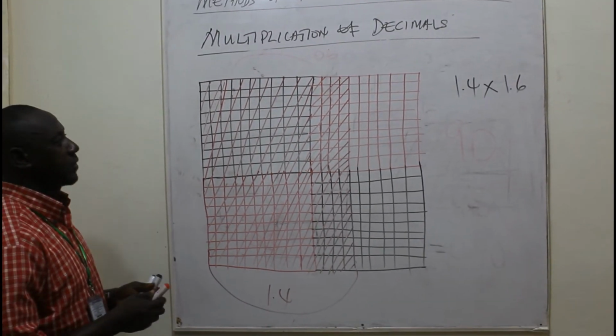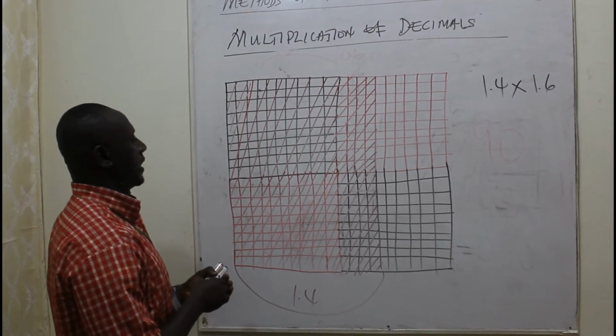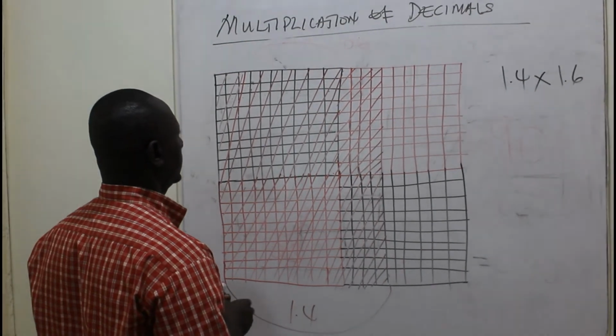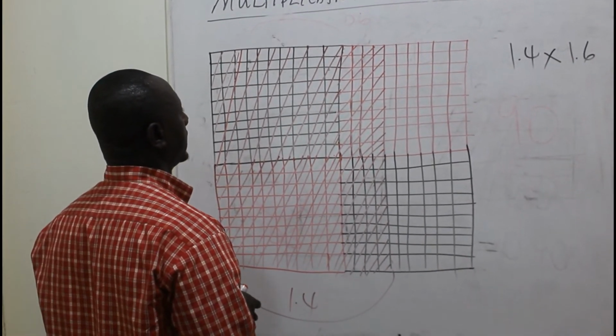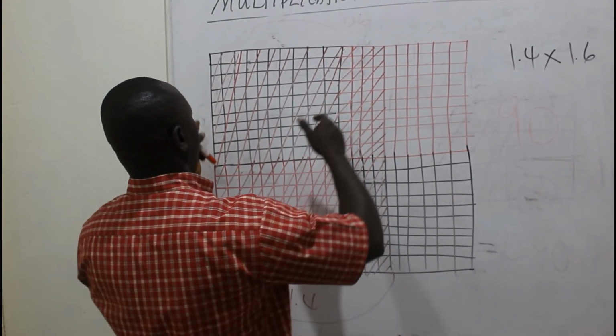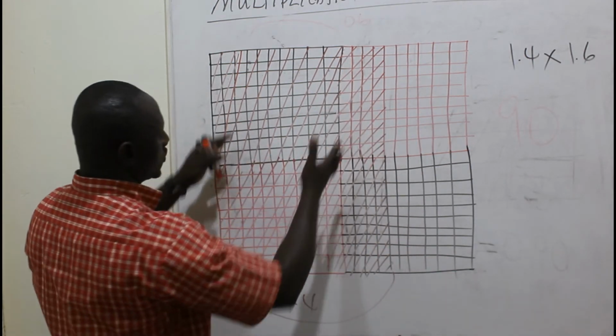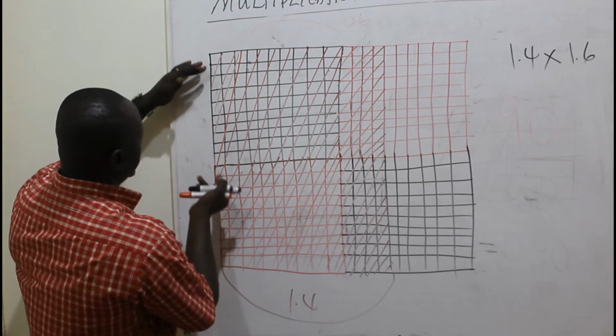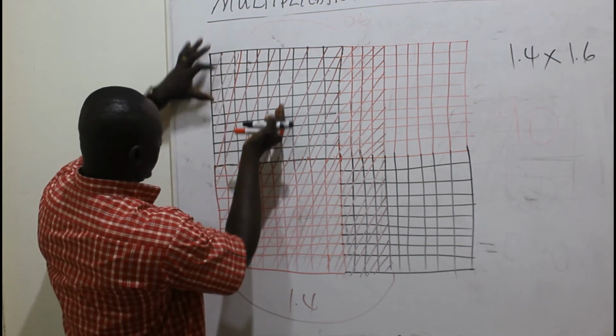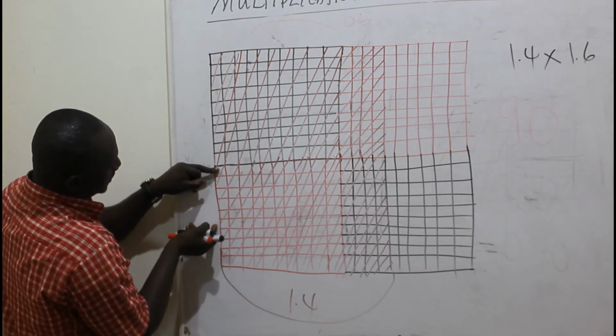I also need to get 1.6, and so here I also need a whole. Okay, remember this one I shaded in this way, and so this one I'm going to get this whole at the top here, and then add some 6 here.